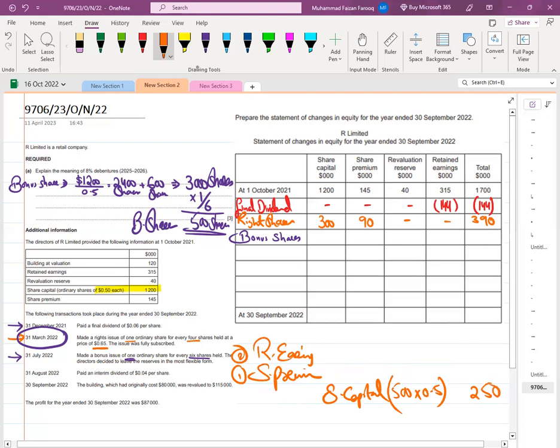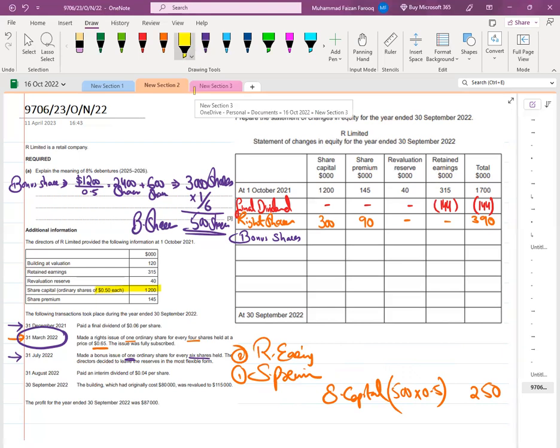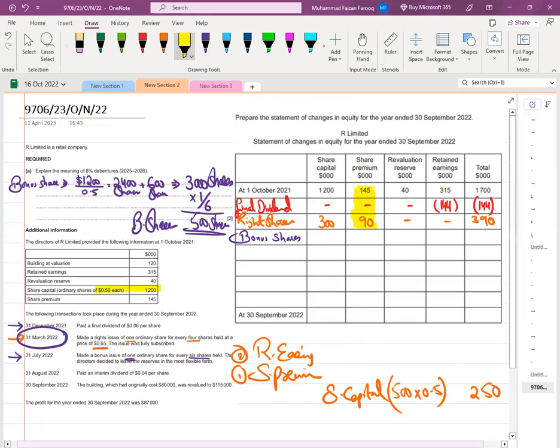Very carefully tell me how much premium you have available. 90. 90 only? No, no, no. It's 90 plus 145. This is my premium before this transaction. 235. We have 145 opening and plus we added 90 at the time of the right issue.